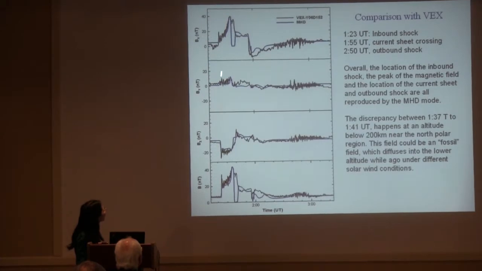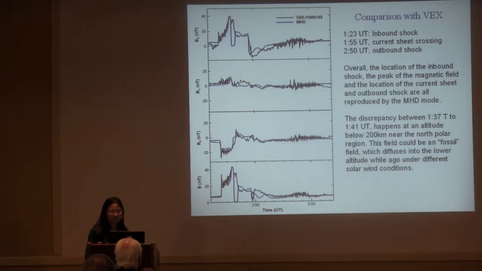You can see the model matches quite well with the observation for the inbound shock, the outbound shock, and also the current sheet crossing. It's about the same time. And also the magnetic pile-up magnitude agrees quite well with the observation.